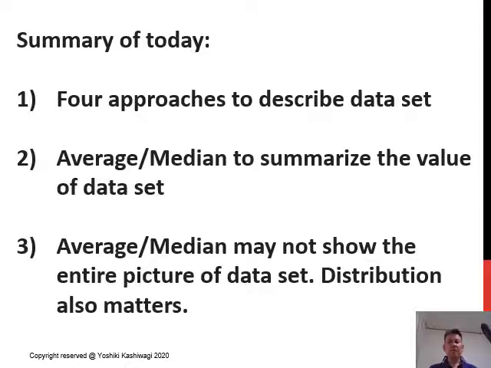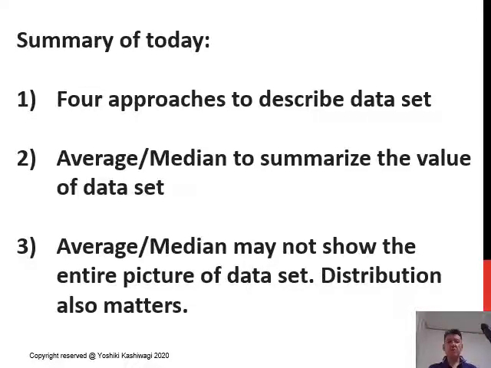Lastly, let me talk about the summary of today. We learned 4 approaches to describe the dataset. And this week we focused on the average and the median to summarize the value of a dataset, large or small. And the last point: average and median may not show the entire picture of the dataset.